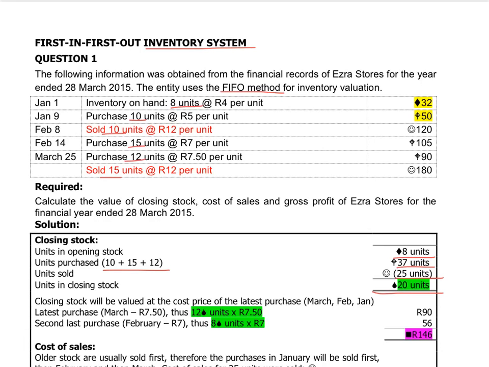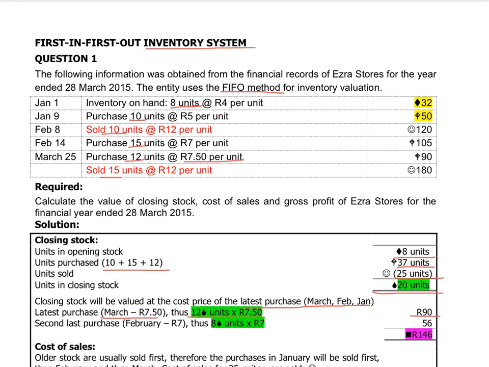The closing stock will be valued at the latest purchases. So you will go to March, see how many you bought in March. If it's not 20, then you will go to February and January, etc. The latest purchase was in March, when you bought things for R7.50. So 12 units purchased in March times R7.50 gives me R90.